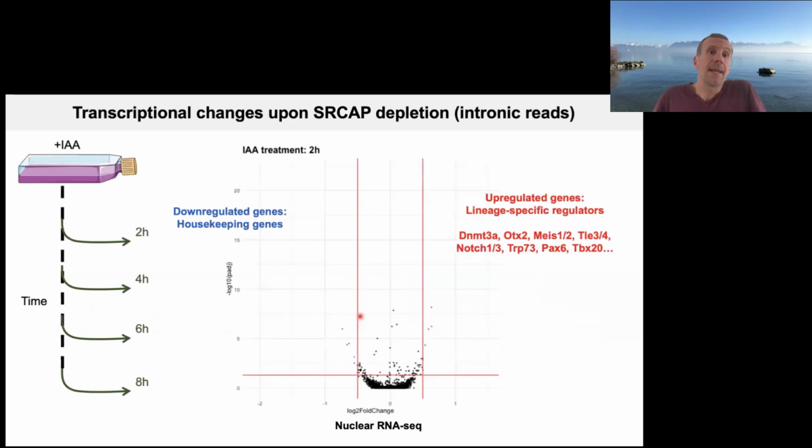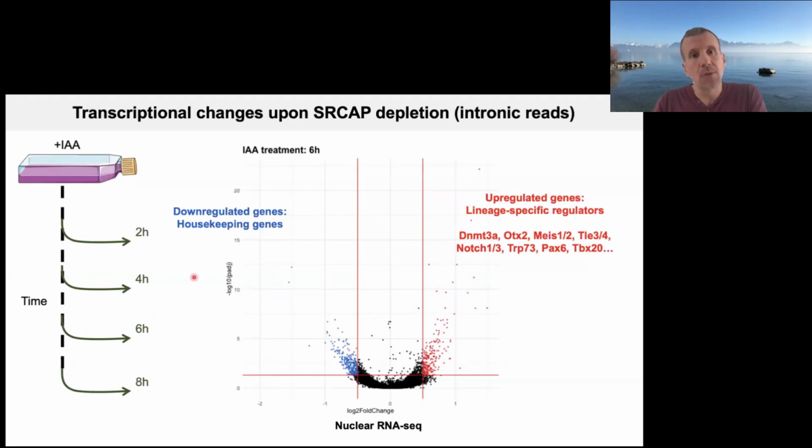With the system at hand, we wanted to understand what transcriptional changes happen when we deplete SRCAP rapidly. For this, we performed nuclear RNA-seq, and we analyzed intronic reads to get as close as possible to transcription. Here you see a time-lapse volcano plot that shows a progressive dysregulation of transcription.